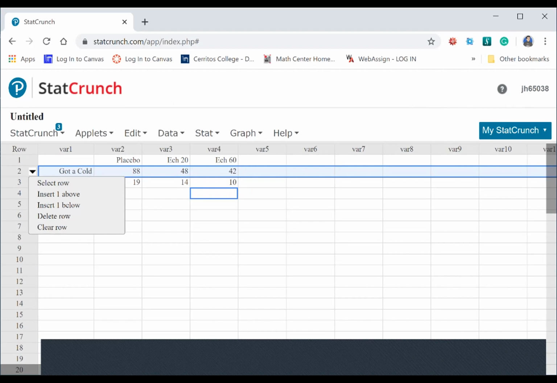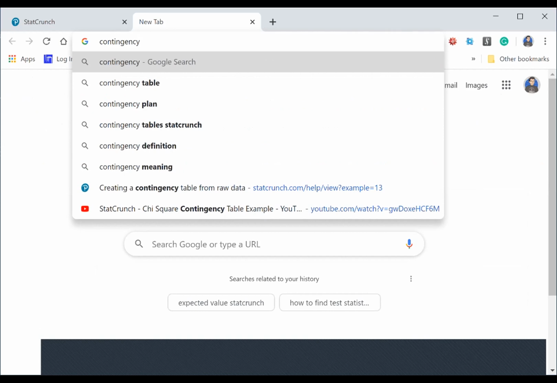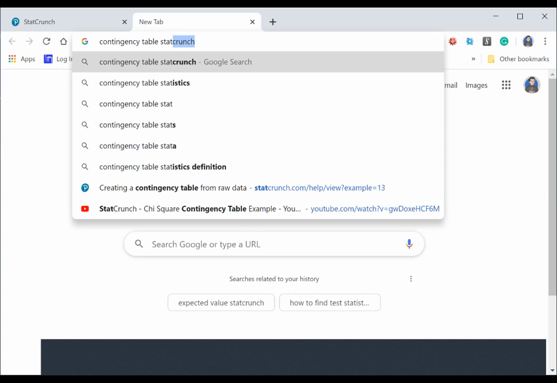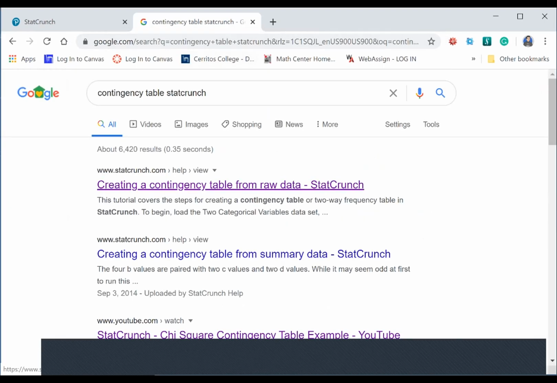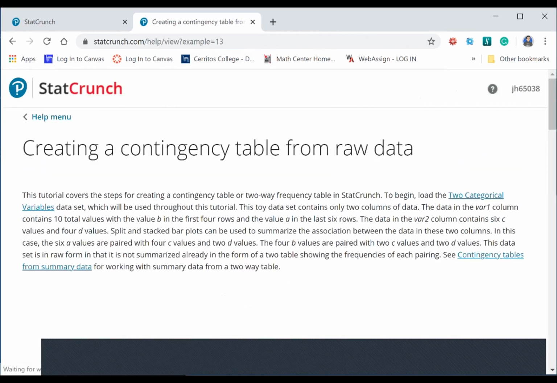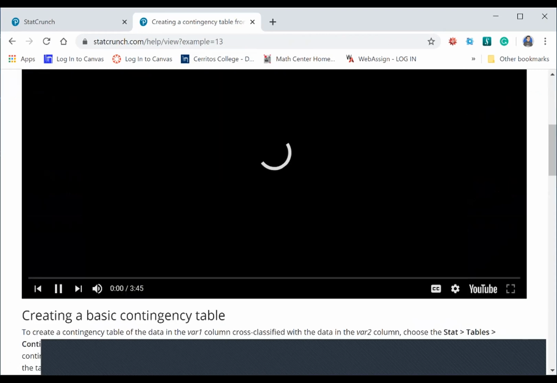Okay, contingency table. C table. Crunch. Let's do it again. Okay, creating a contingency table from raw data.